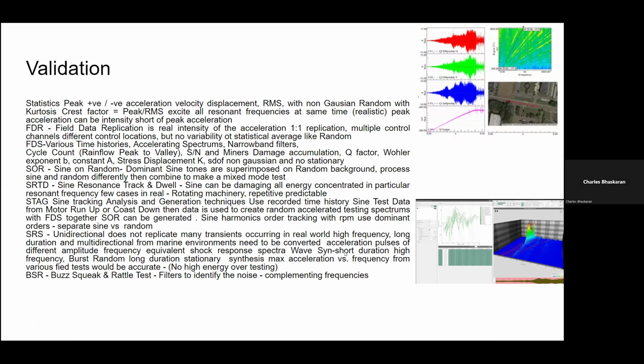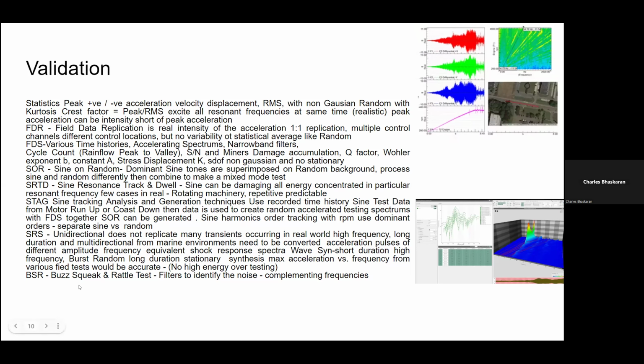For example, there are short duration, high frequency shocks. Then we have some burst random, long duration stationary shocks. So we synthesize them and we get something. And even that is not necessary. You have to go and do a lot of field tests and get the energy correctly so that we don't over test it.